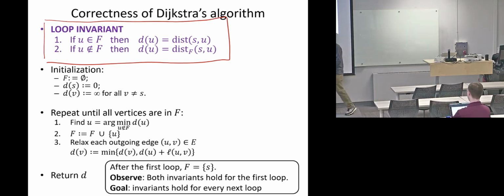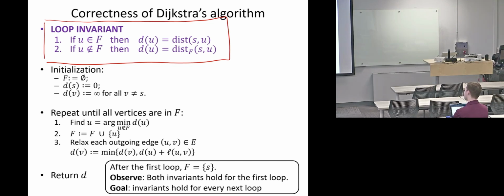F is basically just S. We just finalize one node, which is S. And you can also see that the invariant would be correct because the distance for S itself is actually 0. So this is correct for S.